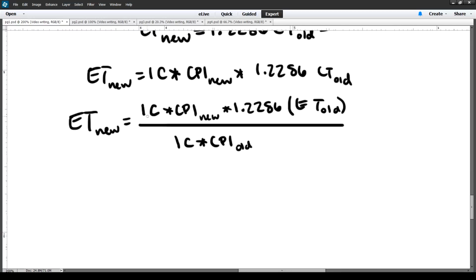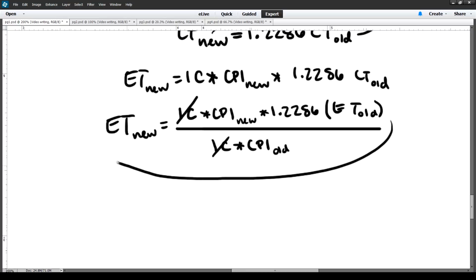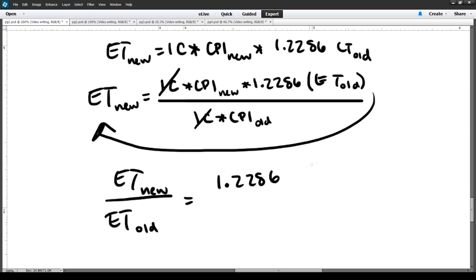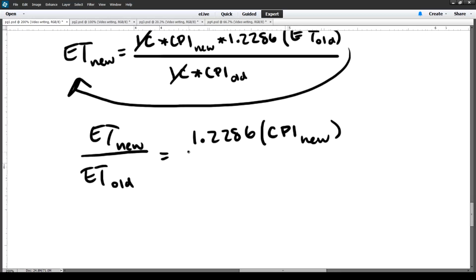We can see immediately again that the instruction counts will cancel out. And since we're trying to find the ratios, this will go over here. So the execution time new over the execution time old is 1.2286 CPI new all over CPI old.